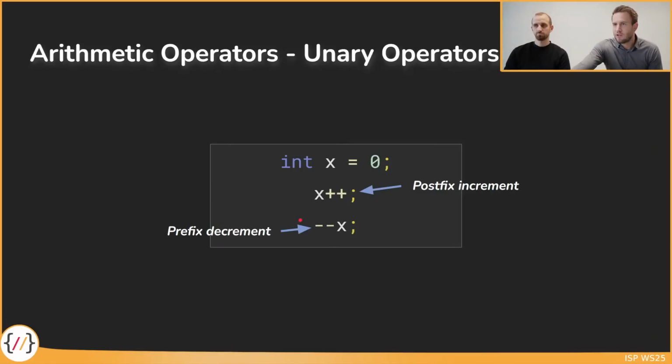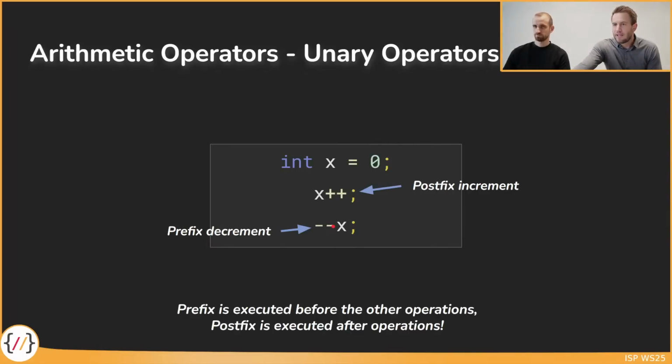As we can see here, we can put the operator on the right side, a so-called postfix increment. And we could also do it on the left side, before the variable, and this is a prefix decrement in this case. And the difference here is that the prefix decrement or increment is executed before operations.